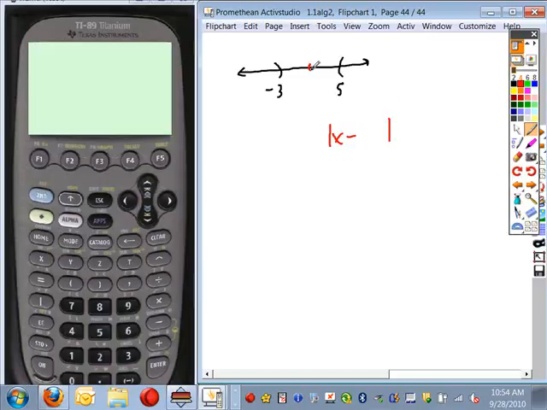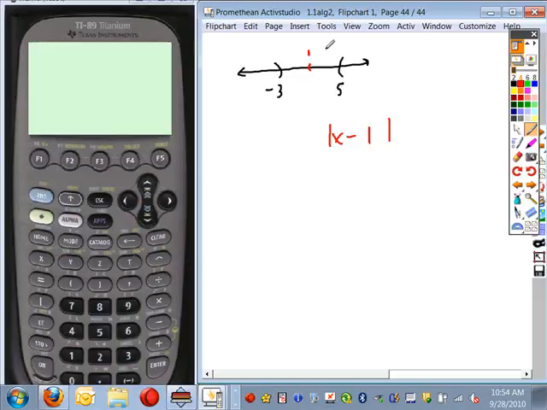To find the average by mental calculation, add them together and divide by the number of them. So what is negative 3 plus 5 divided by 2? We get 2 divided by 2 is 1. So 1 is what goes in this midpoint area.